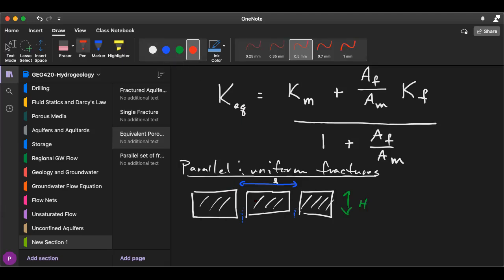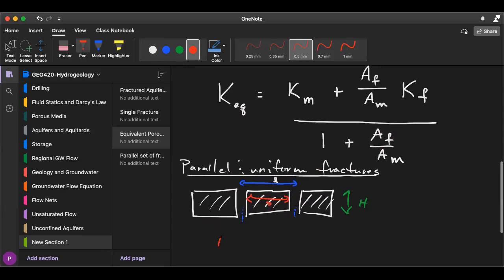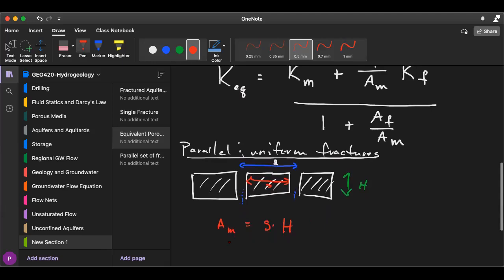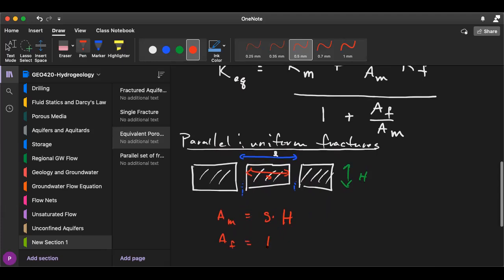And remember, this is S. So the area of the matrix, A sub M, would be, sorry, S times H, the spacing times the height H. And A sub F would be 1/2 of an aperture plus 1/2 of an aperture, which is what? 1 aperture, B times H.